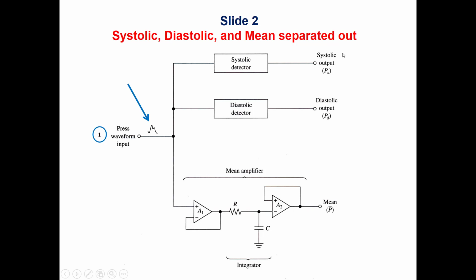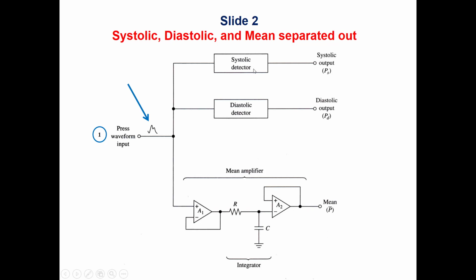Now we need to calculate 3 parameters: systolic pressure, diastolic, and mean. As for mean, as you remember, in order to measure the mean from this wave, we need to make an integration, and this is the mean amplifier, or what we call the integrator. Okay, we have 2 buffers, and inside we use an RC circuit.